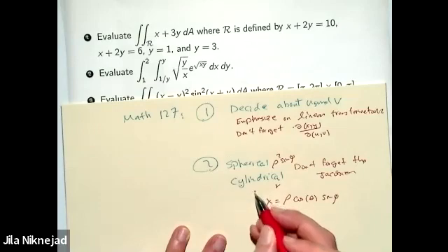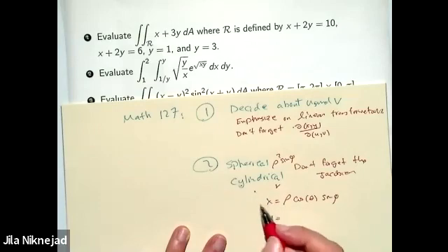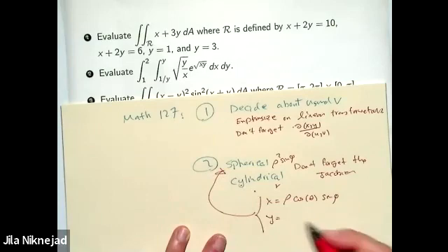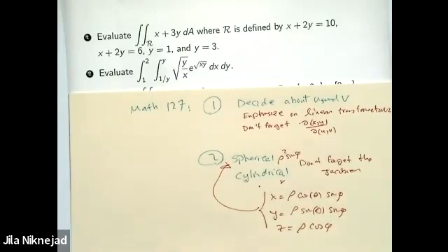Y equal to rho sine phi sine theta for spherical, and Z equal to rho cosine of phi. So don't forget these formulas. Cylindrical, I don't think you guys have any problem. Just remember Z equal to Z, and X and Y are like polar coordinates. Those are the major things that you don't want to forget.